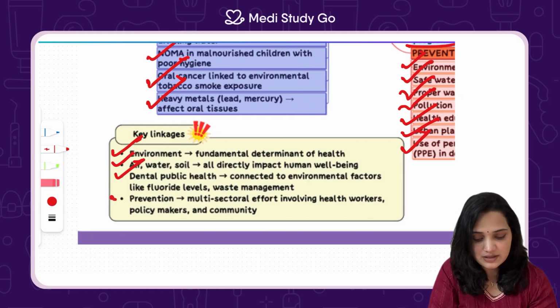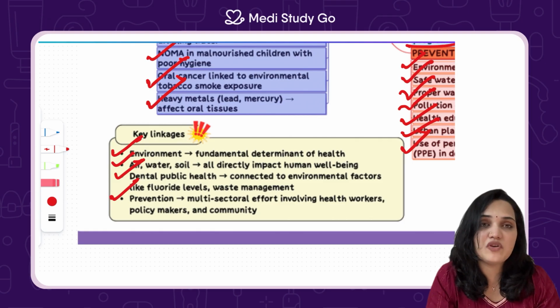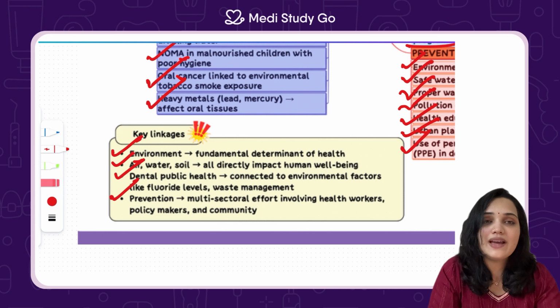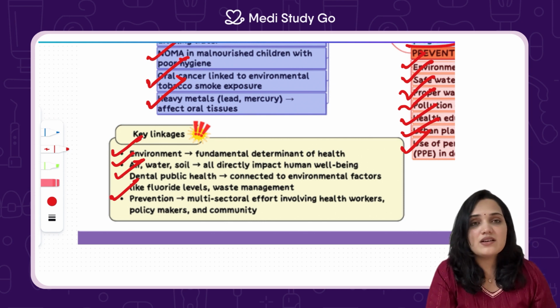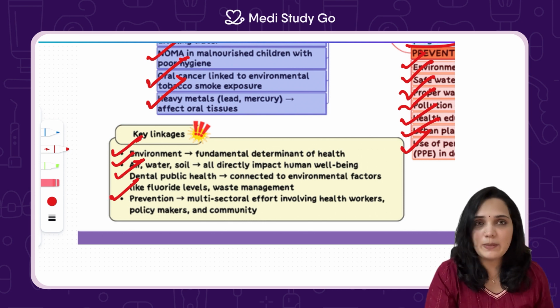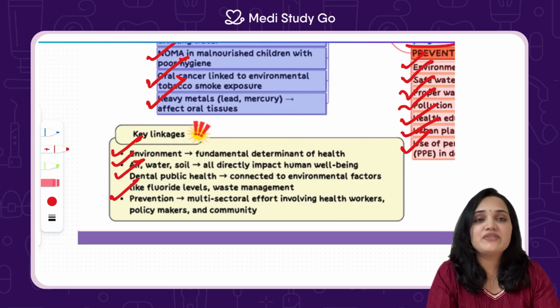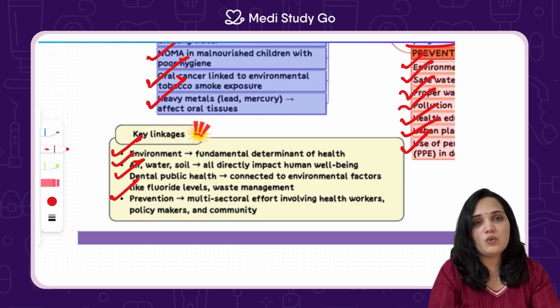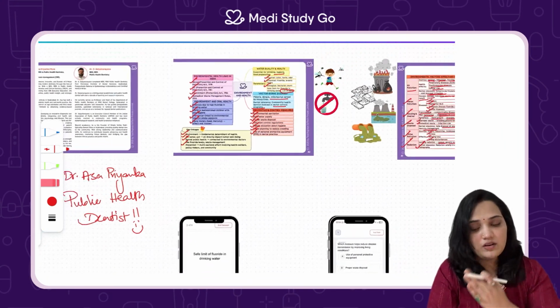And how do we prevent this? By multi-sectoral effort, all of us coming together, involving health workers, policymakers, the community, the government, everybody. If we come together, we really can prevent a lot of diseases. This was about our environment and oral health.